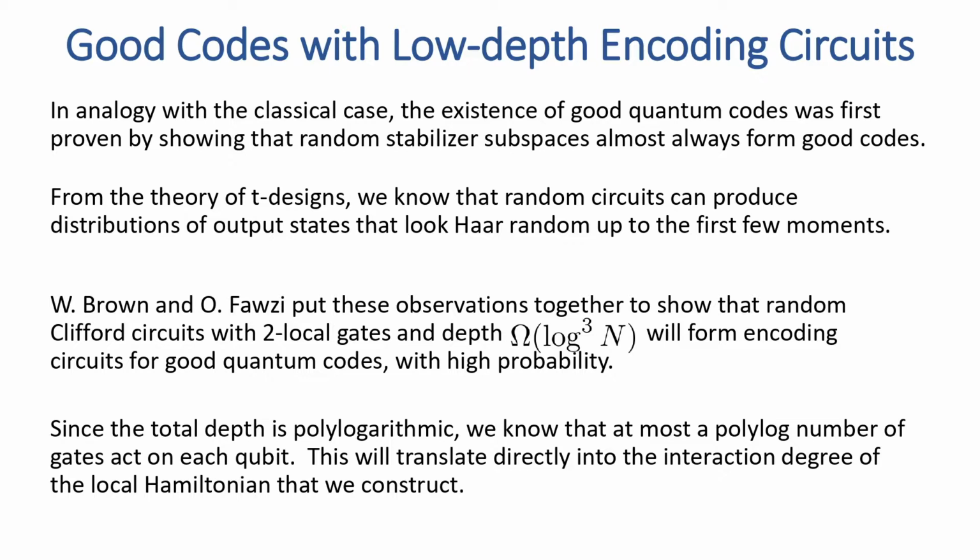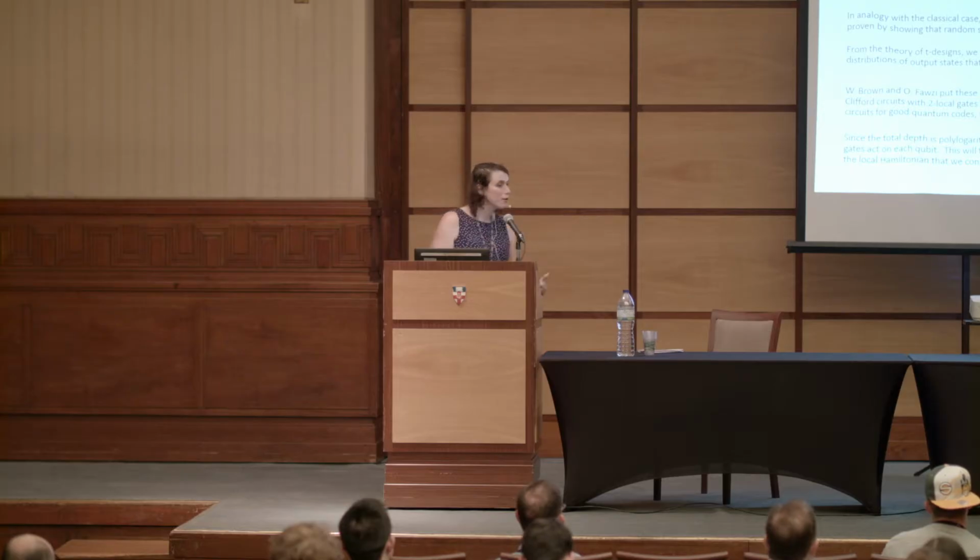For that, we use a result related to the fact that random stabilizer subspaces almost always form good codes, with high probability. We also know from the theory of t-designs that random circuits produce distributions of output states that look random, at least up to the first few moments.